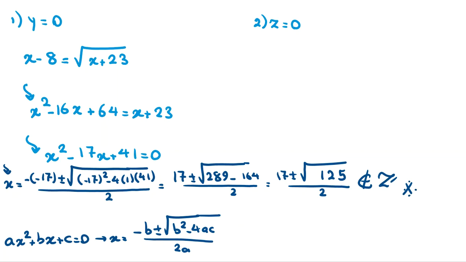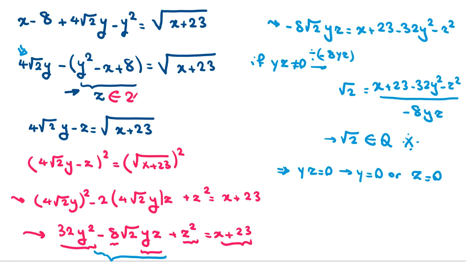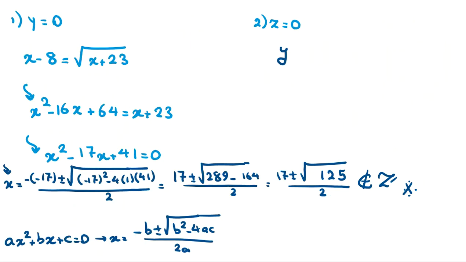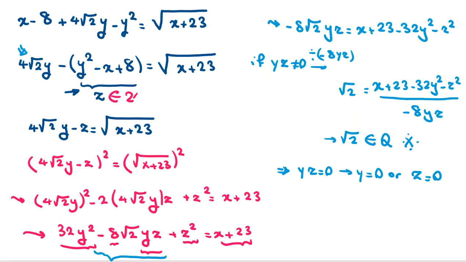If z equal to 0, we set z equal to this, y squared minus x plus 8. Y squared minus x plus 8 equal to 0. So let's see the equation we had, this part, and z equal to 0. So if we pay attention to this equation, 4 root 2y equal to, because z is 0, this part is 0, so we can get rid of that. 4 root 2y equal to this.